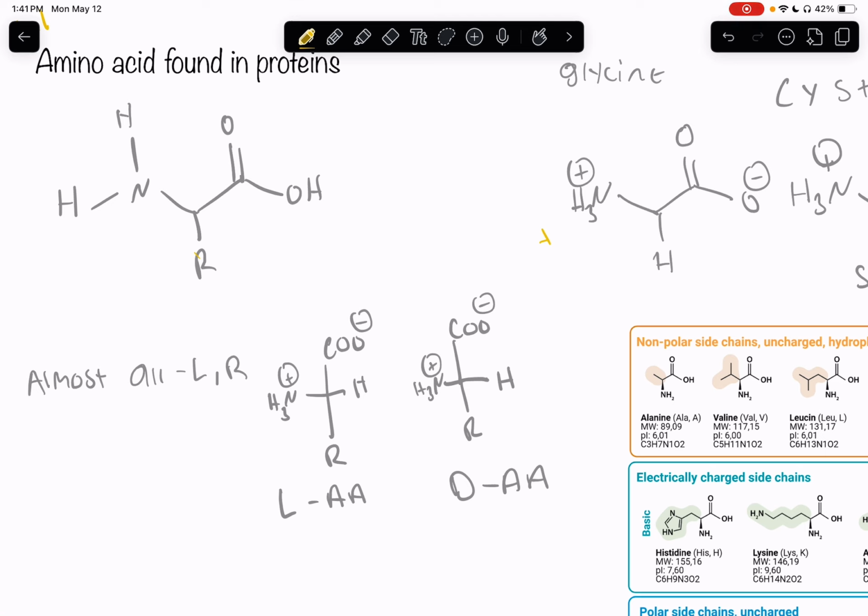So next, your amino acid really isn't ever going to be found in this form. Physiological pH is roughly 7.4. The pKa of this is roughly 2.18, and the pKa of this is roughly, forgive me, 9.5.